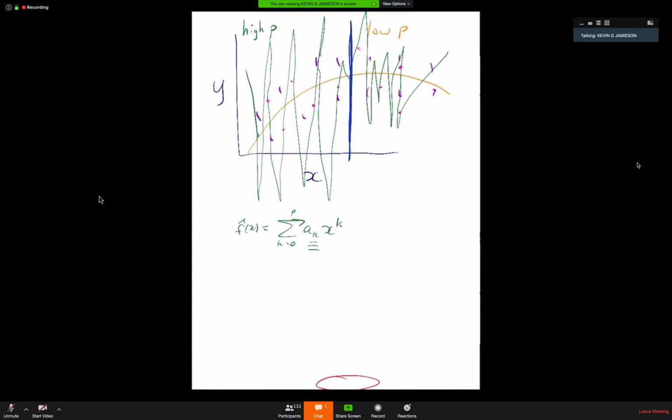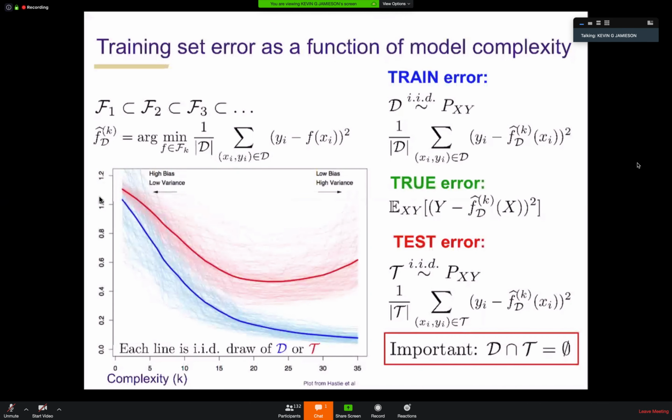This concept is known as overfitting, where you try to fit the training set extremely well at the deficit of fitting the function well at places you haven't seen, which will be characterized by the test error. And this is a really cool plot. Here we know exactly what the model class is.